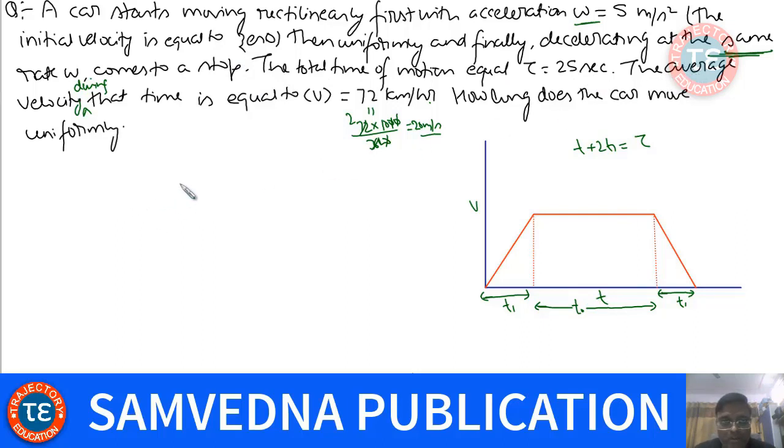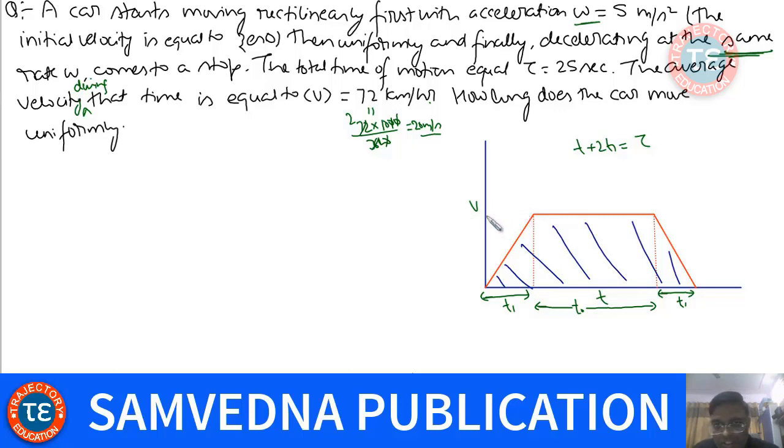And average velocity would be what? Average velocity is going to be the total displacement by total time. So what could be total displacement? Total displacement would be area under this graph. It's a rectilinear motion, so just find area under this graph. That would be area of this triangle plus area of this triangle plus area of this rectangle, or you can say area of the trapezium.